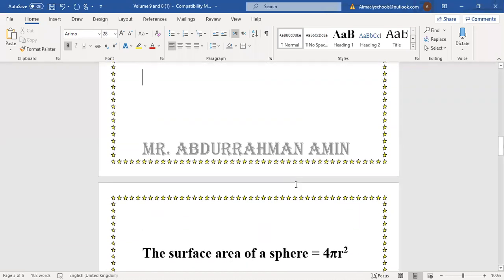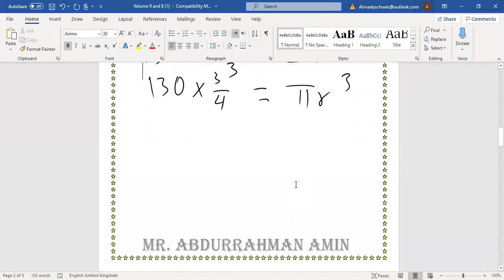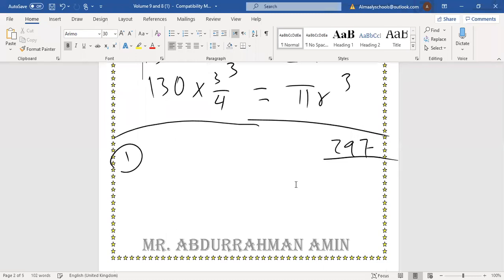Now, my daughters and sons, we are on page number 297, question number 1. Who will solve it? Okay, someone to read first. Yazan.